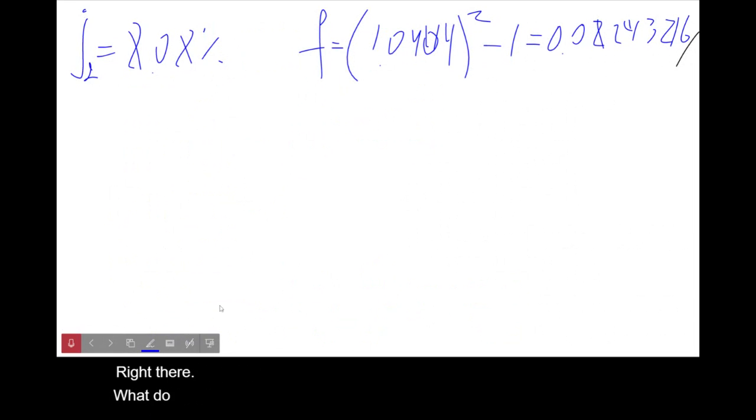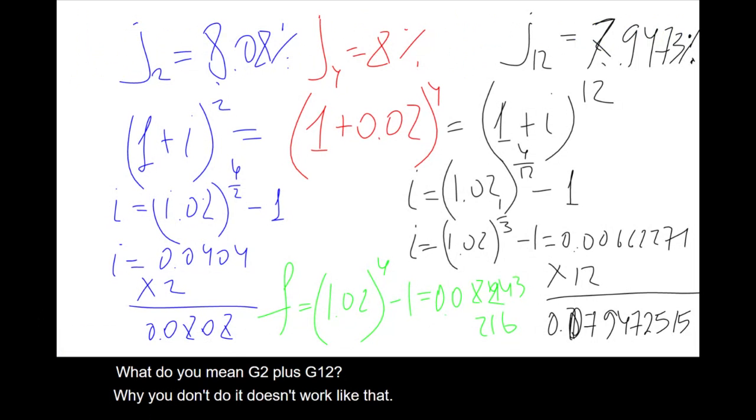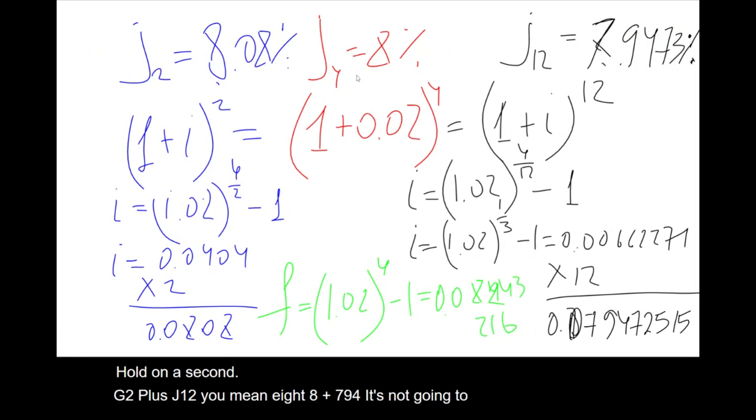What do you mean J2 plus J12? Why? It doesn't work like that. 0.8 plus 794.73. Hold on a second. J2 plus J12, you mean 808 plus 794. It's not going to be 8%.